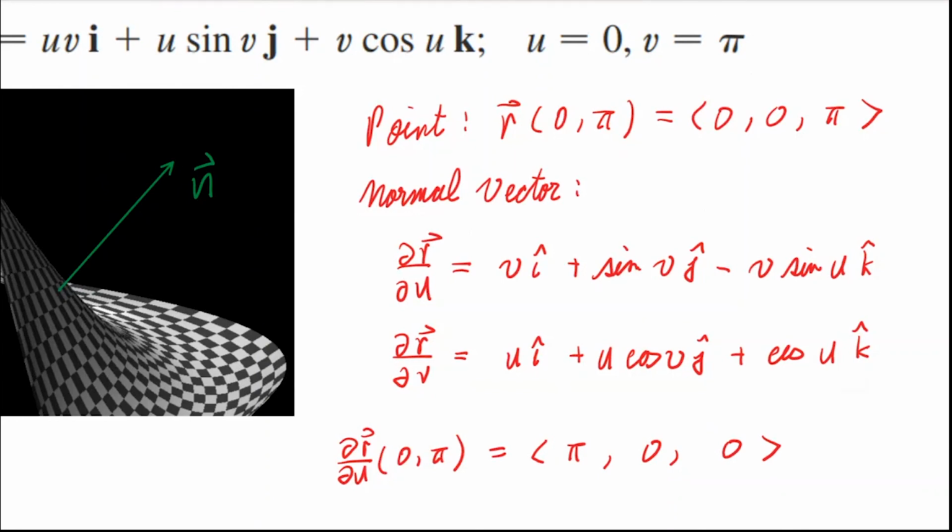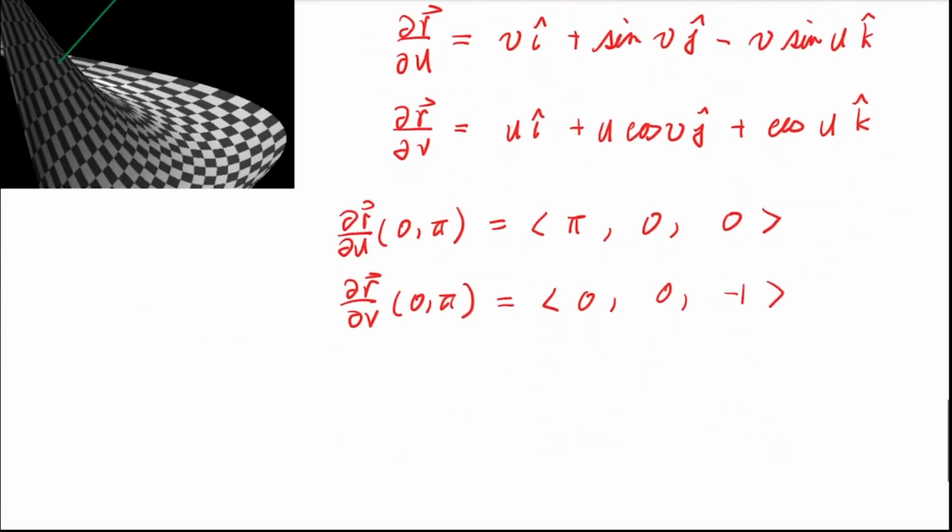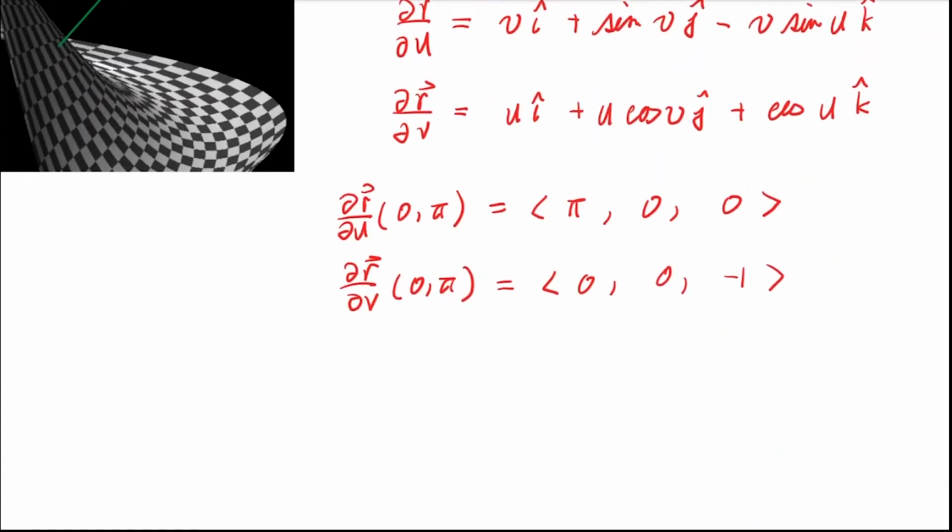And then the second one, with respect to v, at 0 and pi. So I'm using this as a function notation. I know, don't you hate it? I hated it first when I saw it, but it's such a convenient thing to have. So this is 0 now, and this is 0 again, and you put pi here, cosine pi is -1, and we only need to cross that. With me?